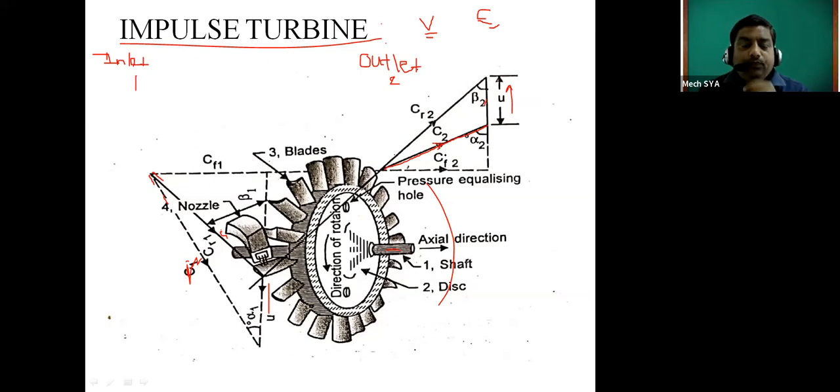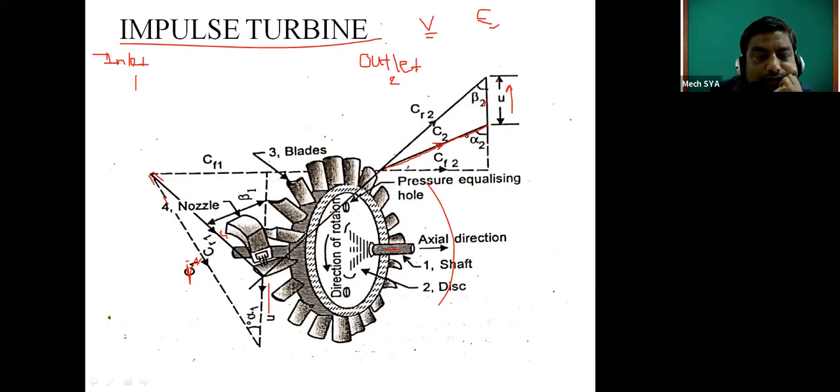Now I am explaining this one or two times, so that we understand it. So this resultant velocity of the steam, maybe at inlet and maybe at outlet, has only two components.